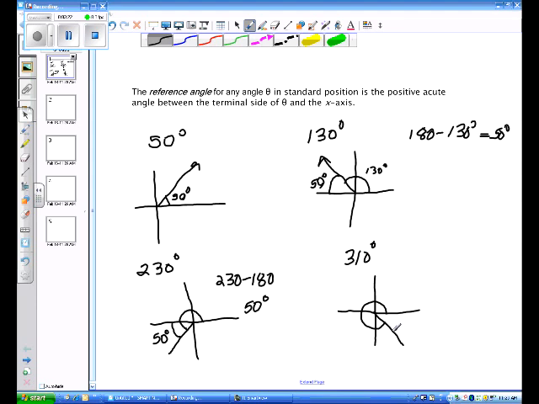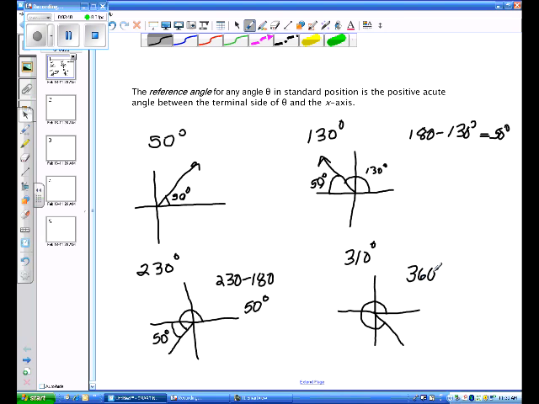Our reference angle is from the terminal side to the x-axis. Well, all 310 degrees was outside. It's not included in our reference angle. We know if we went the whole distance around, we would go 360 degrees. 310 of those are outside our angle, which leaves us a reference angle of 50 degrees.